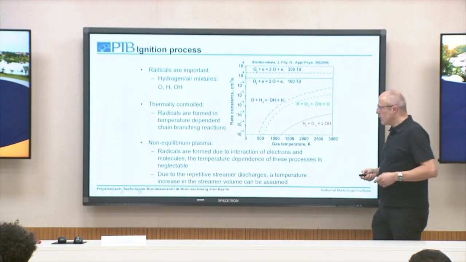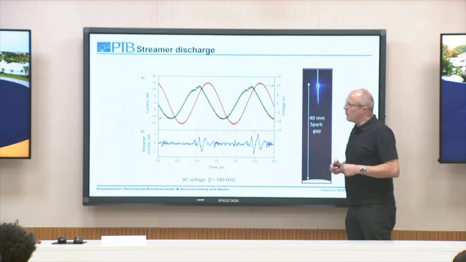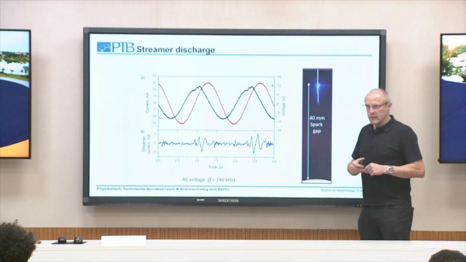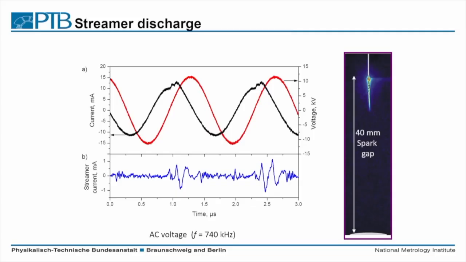And I'll show you now an example where this is of importance, just to focus on this non-equilibrium part. So of course, when we consider a combustion engine, we have to optimize both. And here the focus is more on the non-equilibrium plasma.